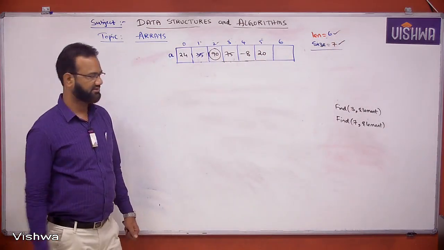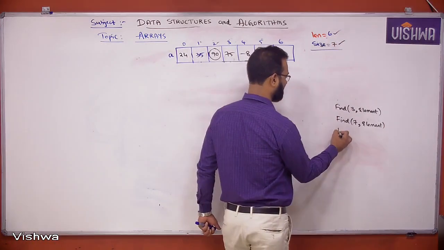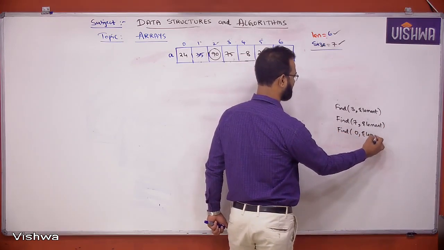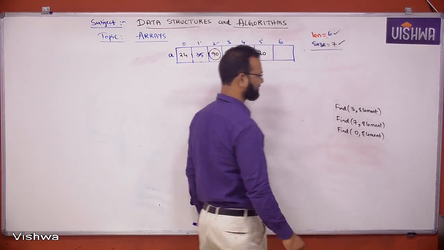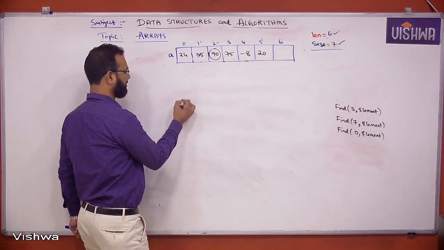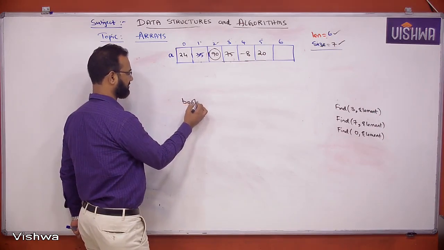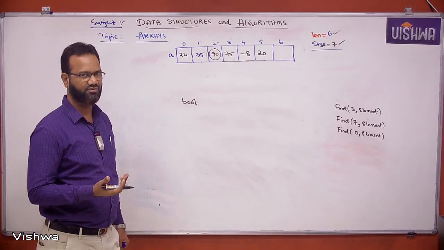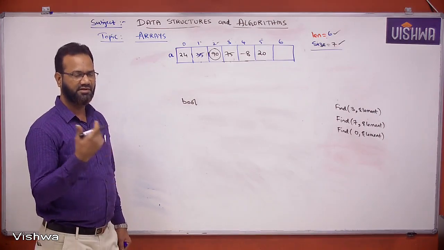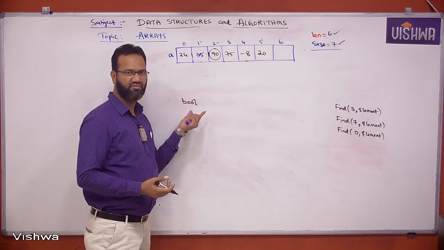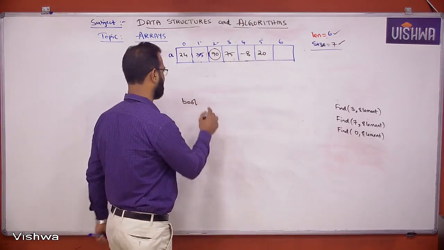There are 6 elements. The user can even ask for the 0th position, but the 0th position is not a valid position. I'll now have a return type for this one as a boolean, if it is supported by the programming language. Otherwise you can use integer, returning 0 or 1. If the programming language supports a true or false boolean data type, you can declare it.